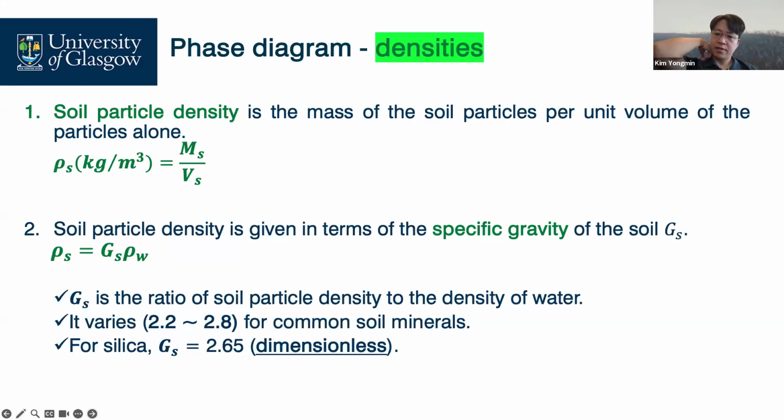When you are calculating soil particle density, mostly you can take the dry soils. And the specific gravity, it is quite easy.